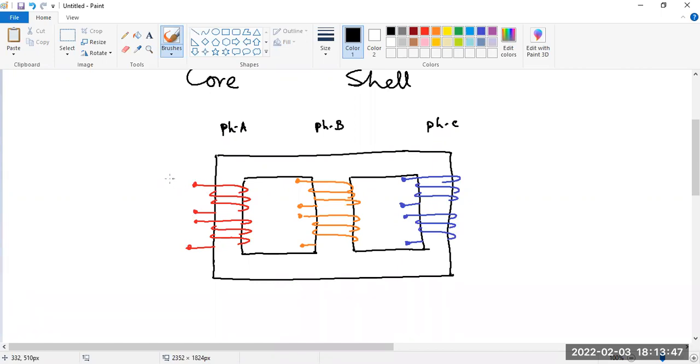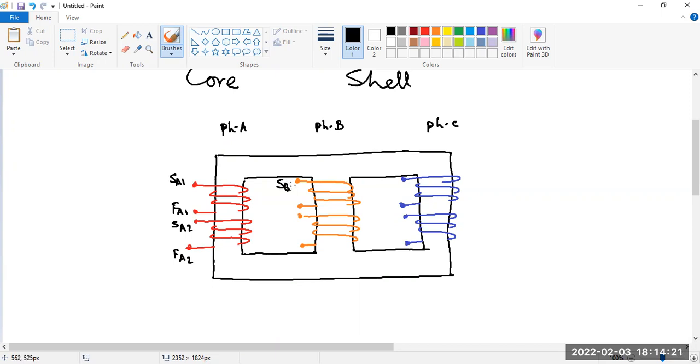That means you can say this is your phase A. This is finish of phase A. One first coil. The second coil is this, the start of phase A, and finish of phase A like this. So yeah, this is how you can name the terminals.